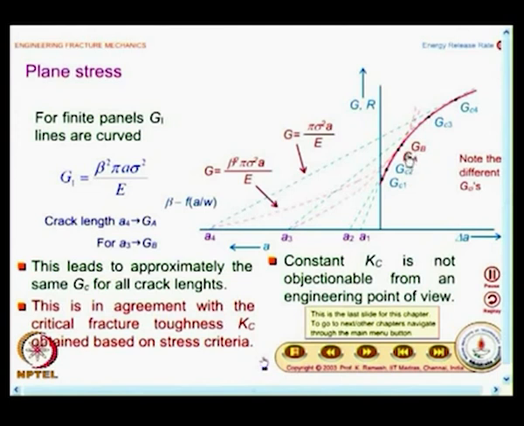They are very close to each other, whereas if you had the energy release rate as straight lines, you are having a large variation from Gc1 to Gc4. So, what you gain here is making the energy release rate a nonlinear function, which leads to approximately the same Gc for all crack lengths.